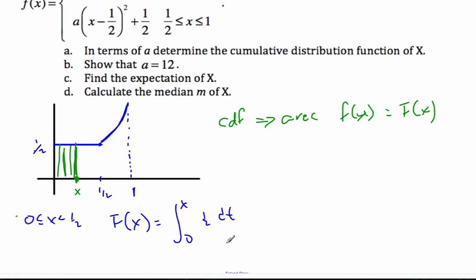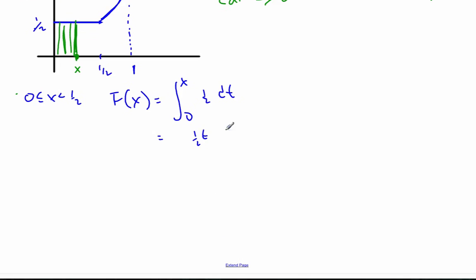When I integrate that, I get 1/2 t, and that goes from 0 to x, which is then just 1/2 x. And so creating my big F of x function, my cumulative distribution, I know it's 1/2 x from 0 to 1/2.